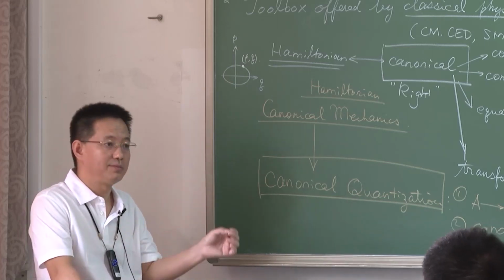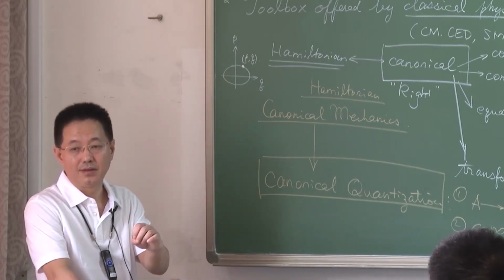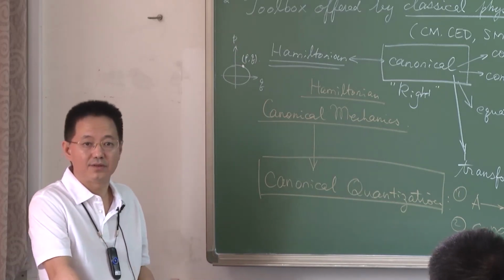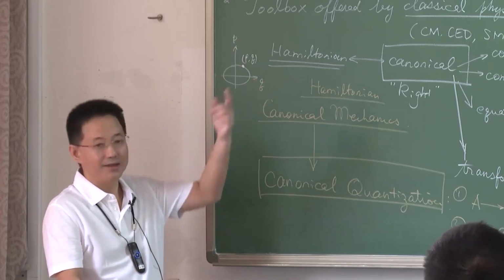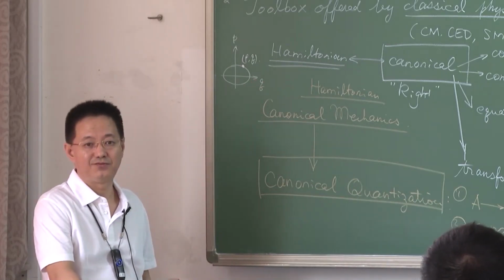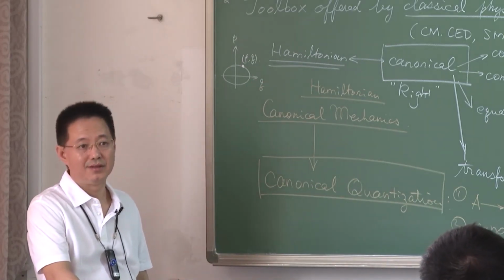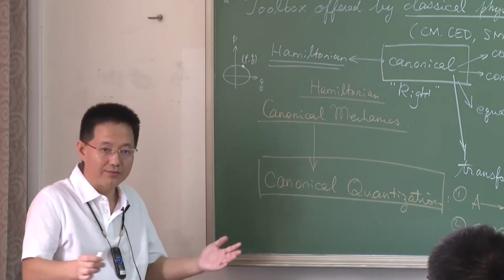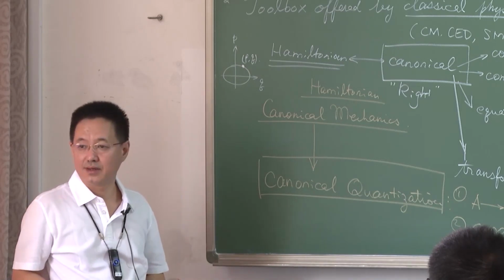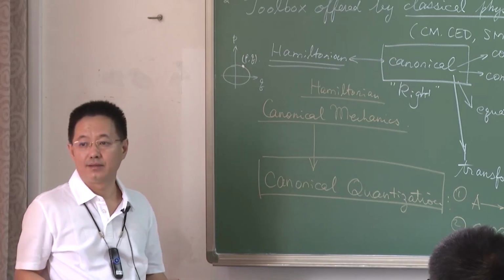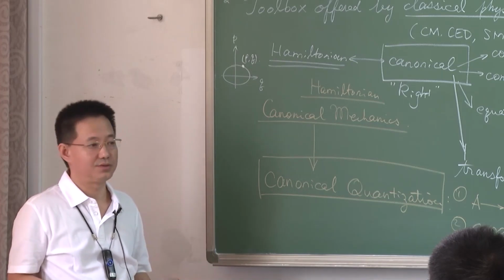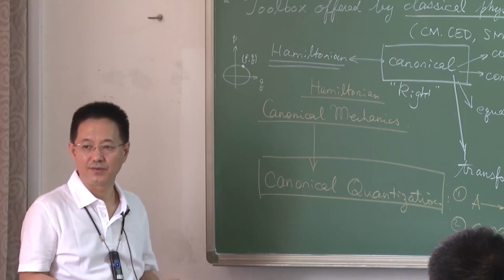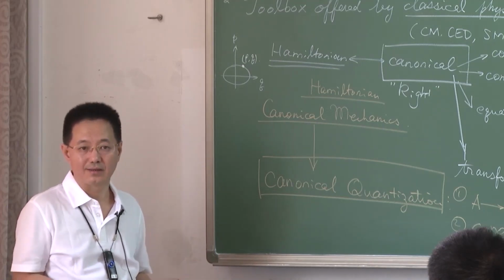And from classical mechanics to quantum mechanics, because we have already had the concept of the state, we can have the state postulate. That is the first postulate in quantum mechanics. Remember? Okay. We have already had the mathematical procedures of the Poisson bracket, Hamiltonian canonical things and so many things in classical mechanics.